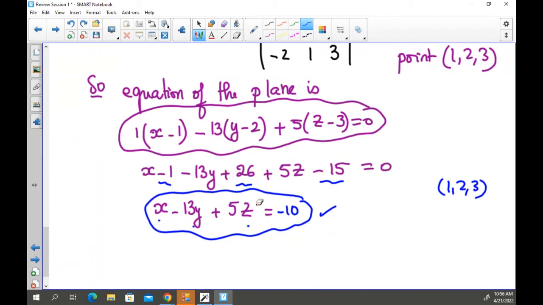Or if they are parallel, there will be an infinite number of planes. So a question like this cannot come without an intersection point. Good question, Nada. So the answer to your question is no. If there is no intersection point, there is no equation of the plane.